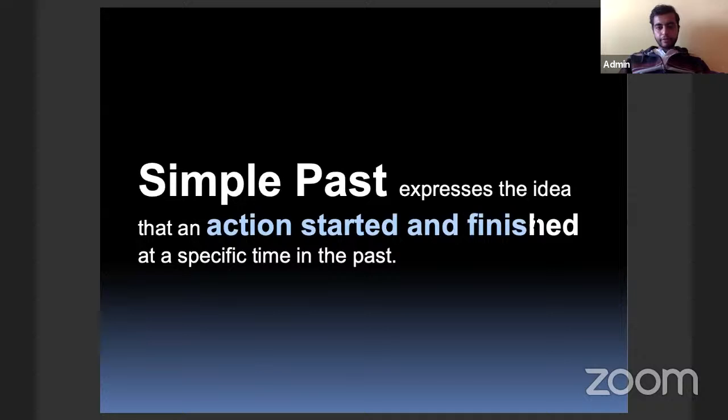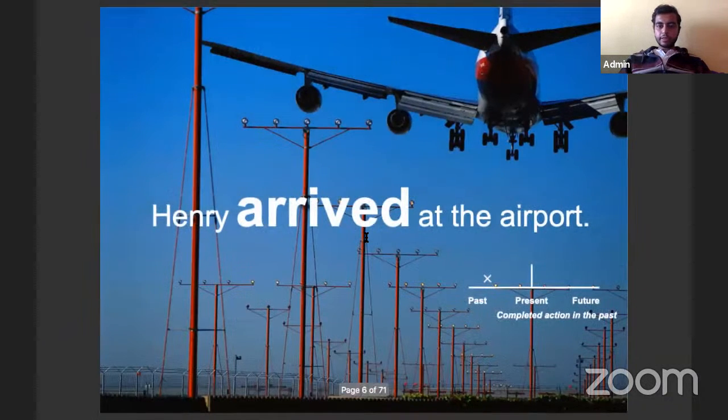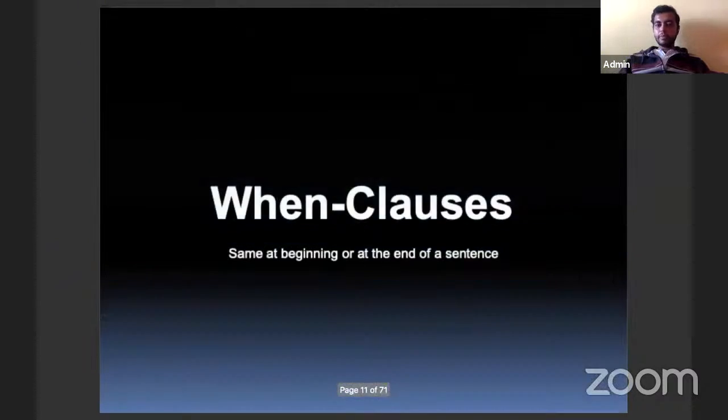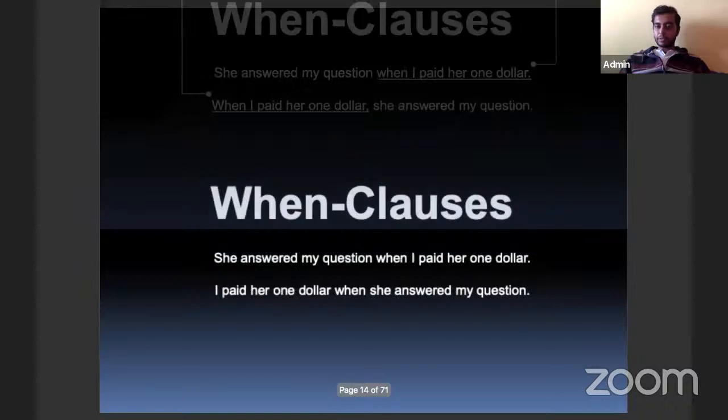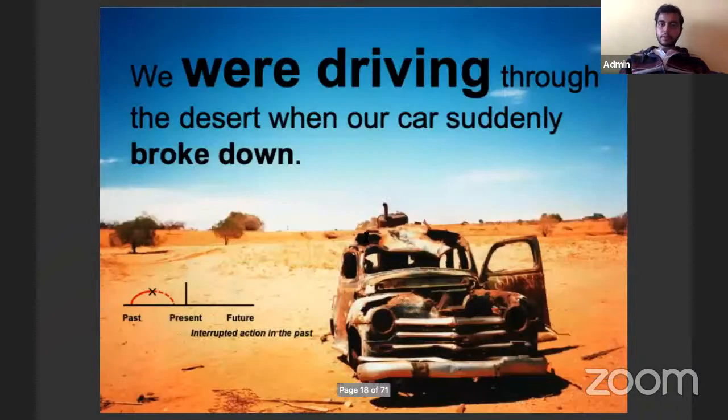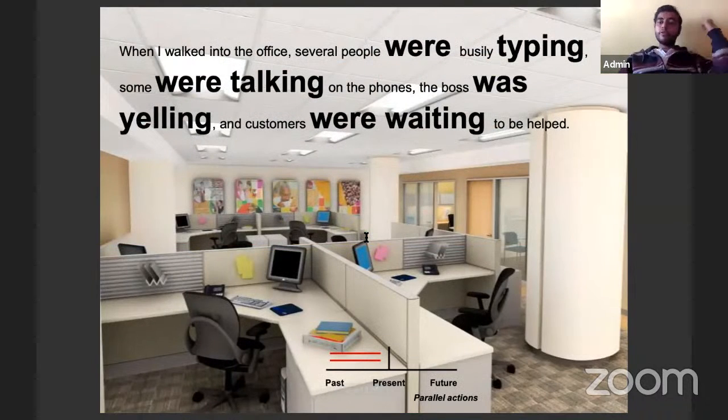Action started and finished in the past. Past continuous means it continued in the past until there was an interruption. And past perfect means it happened before another action happened in the past.